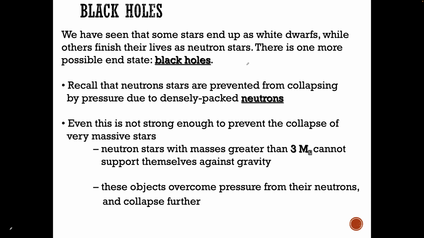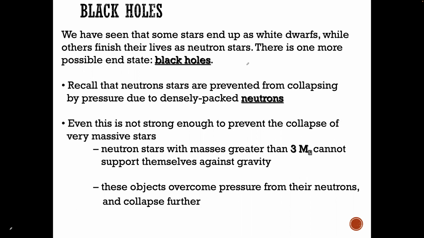Now, if you remember, neutron stars are prevented from collapsing by the pressure created by these neutrons, and we called that neutron degenerate pressure. That neutron degenerate pressure prevented the collapse of the star.